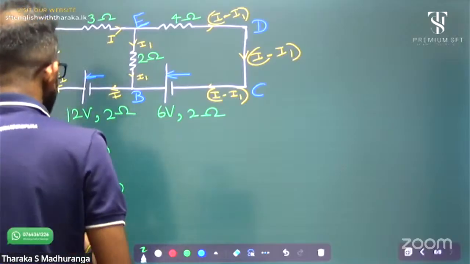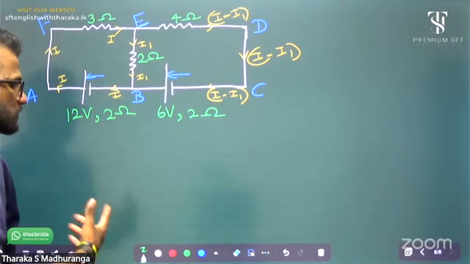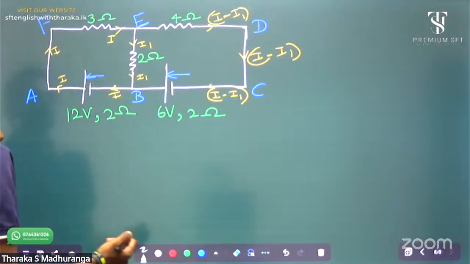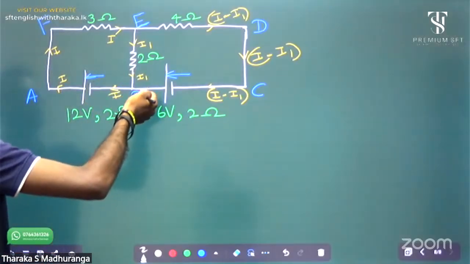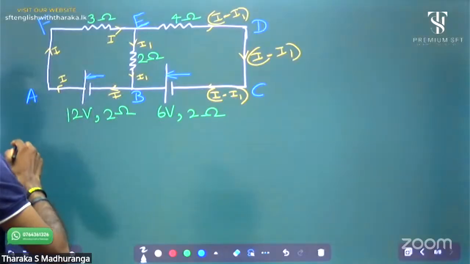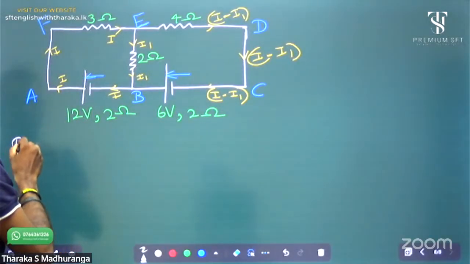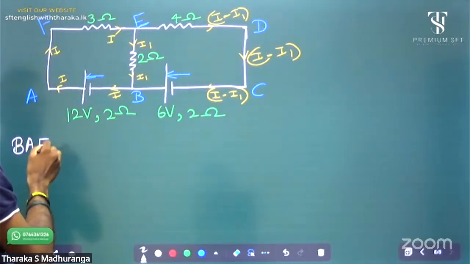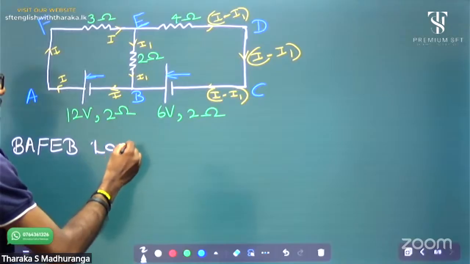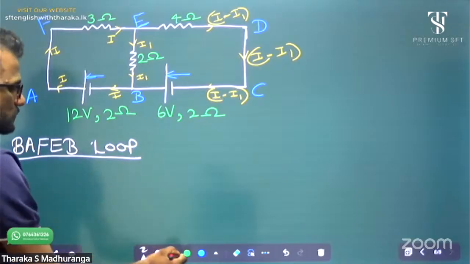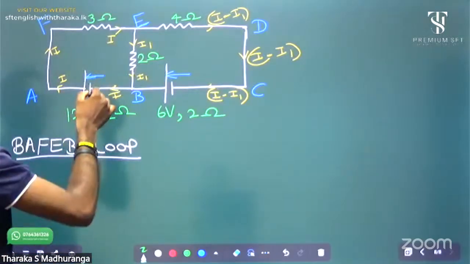Okay. Let's start. If you complete, you can send me answers. I'm going to first apply Kirchhoff's second law to the left side loop, B A F E B loop. How about 12 volt?